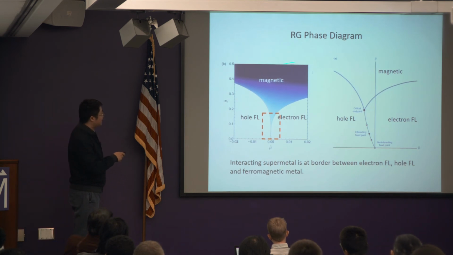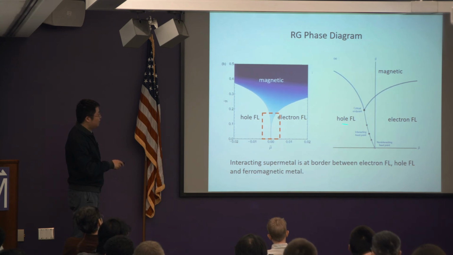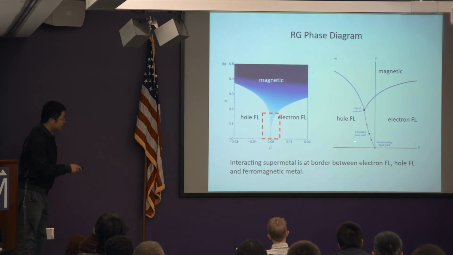Combining this with the mean field phase diagram, what we showed is that when interaction is weak, instead of having a ferromagnetic region in the middle, there's a line here which separates the electron and the hole Fermi liquid. And this line is controlled by an interacting fixed point. This is an interacting supermetal, and later I'll show this is a non-Fermi liquid.